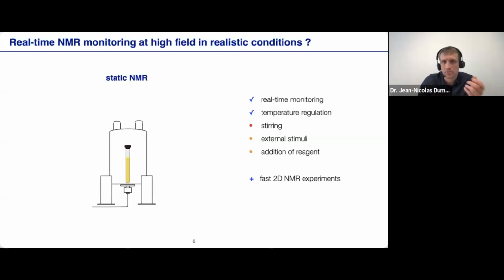And I mean, it does provide real-time data, which is a good thing, and it can provide also decent temperature regulation, but there are all sorts of ingredients of classical chemical synthesis that are quite difficult to reproduce within an NMR spectrometer. One of them simply being sample stirring, which can have consequences on the kinetics that are measured and that may be unreliable because of the lack of stirring when measured directly in an NMR tube.